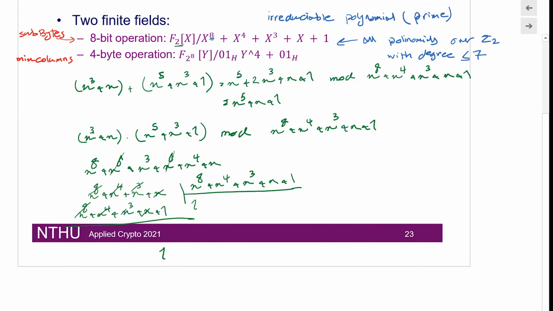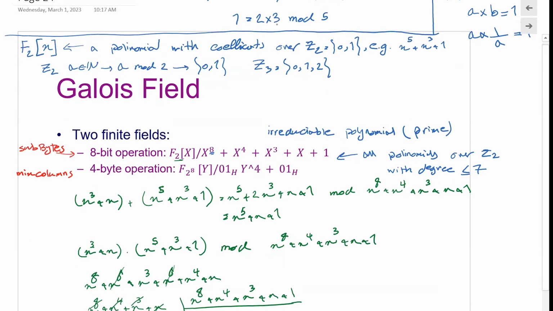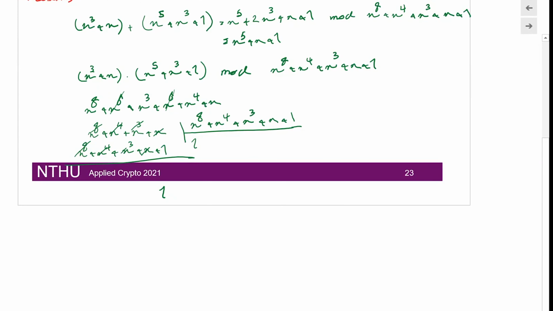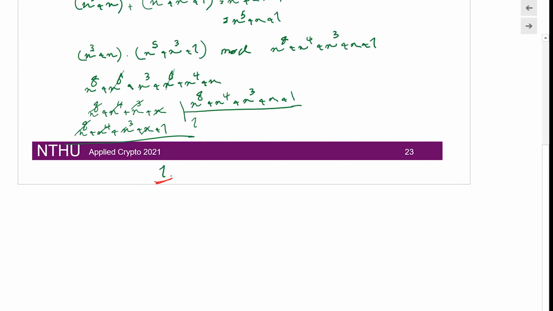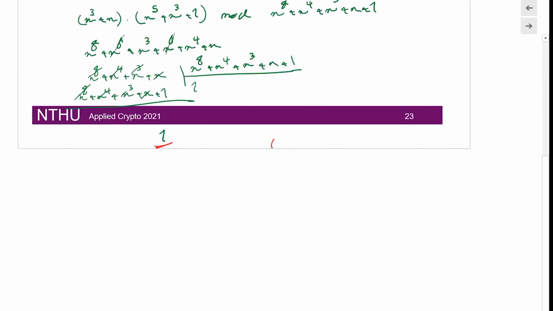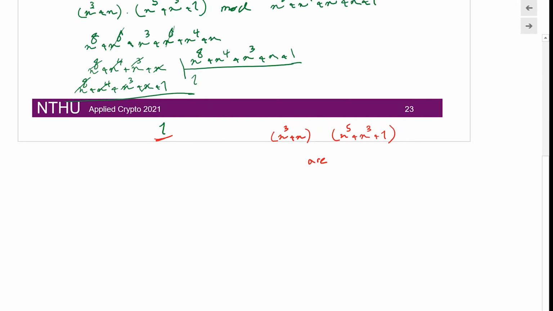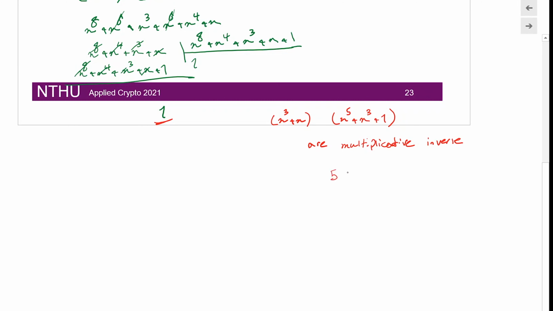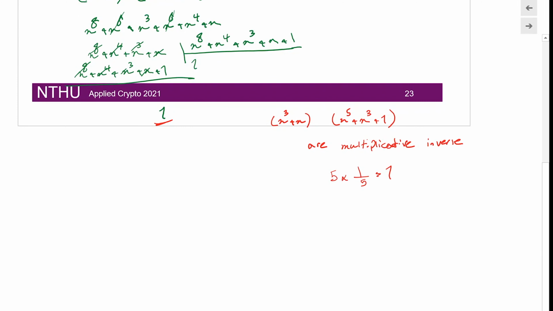So remember that I said when I multiply two numbers and the remainder becomes 1, just like these two integers, 2 times 3 mod 5 becomes 1, it means that 2 and 3 are multiplicative inverses of each other. The same thing happened here when I multiply these two polynomials, I get the remainder of 1, which means that x^3 + x and x^5 + x^3 + 1 are multiplicative inverses, just like 5 times 1/5 gives 1.